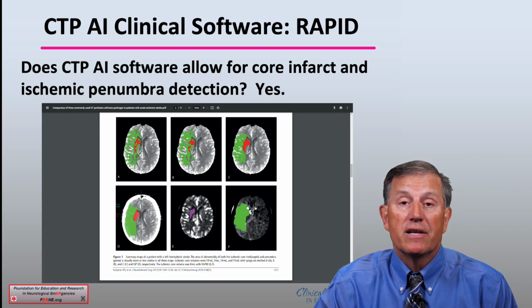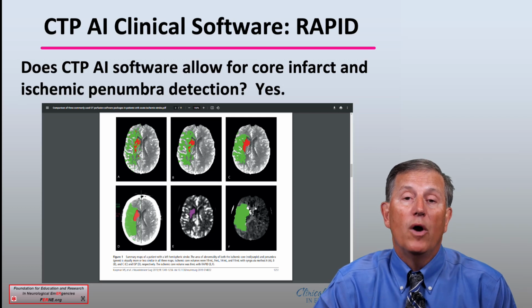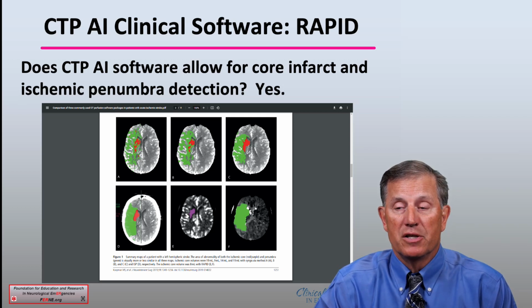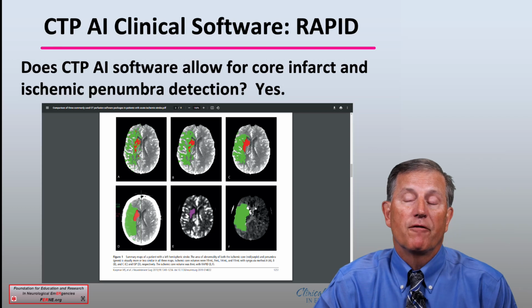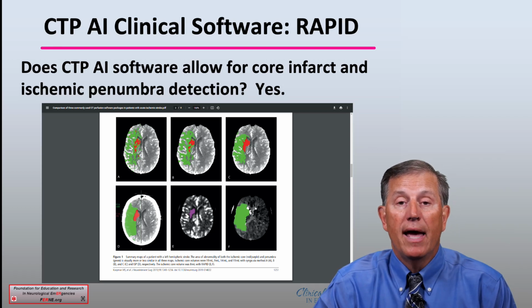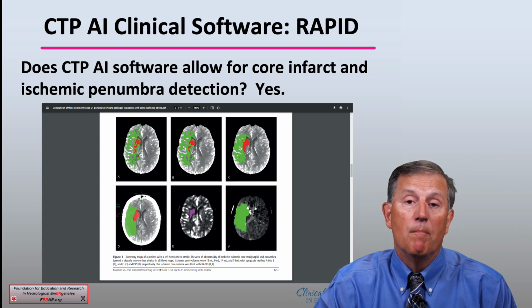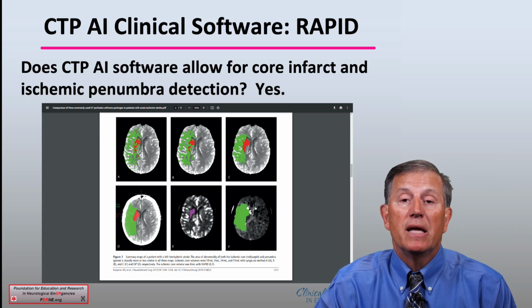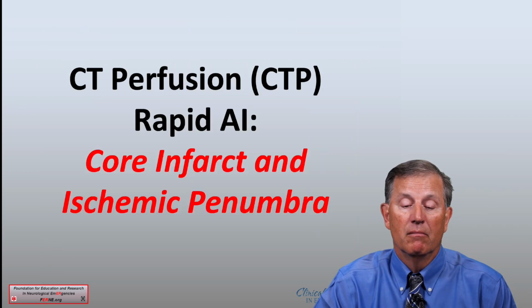The point here is you can distinguish with this type of artificial intelligence what is the core infarct from the ischemic penumbra, knowing that those with a small core infarct and a large ischemic penumbra may benefit from more aggressive therapy even beyond the 4.5-hour cutoff for IV thrombolytic therapy.